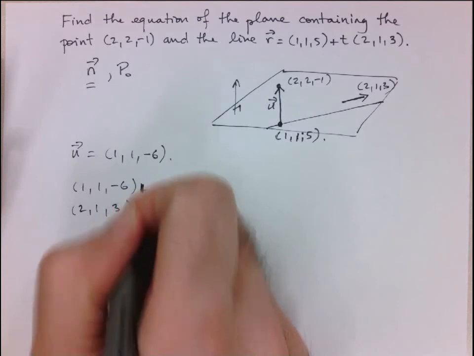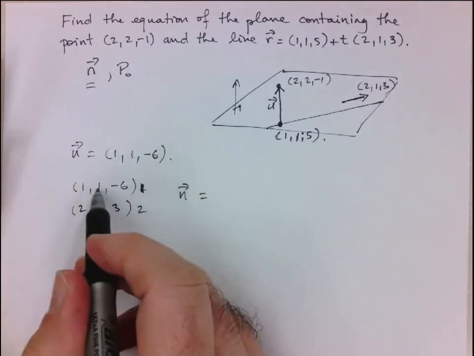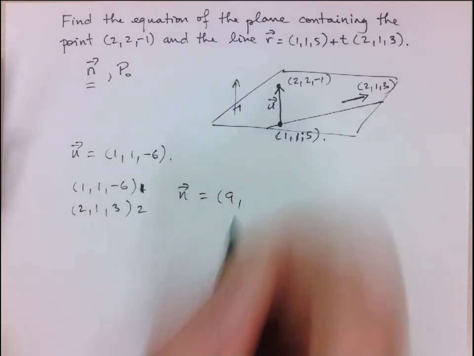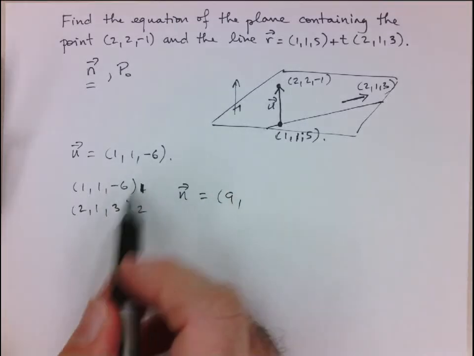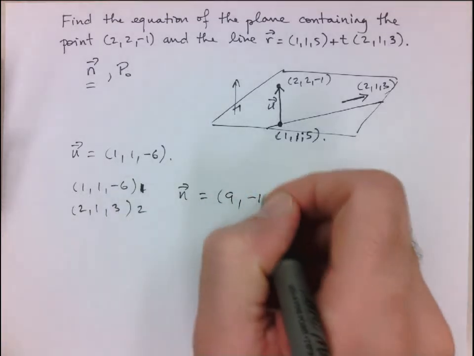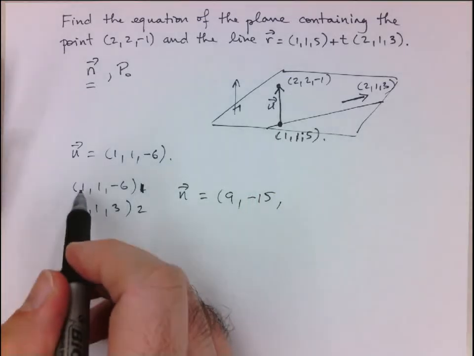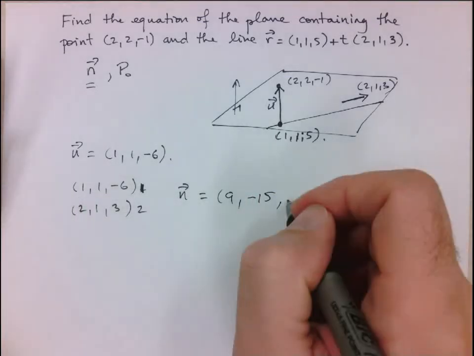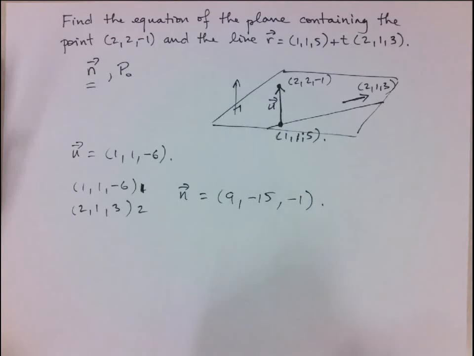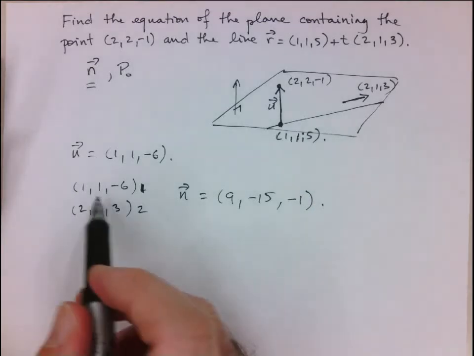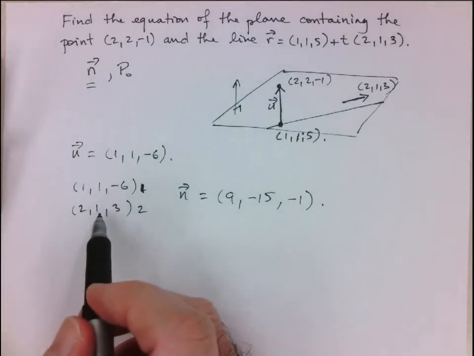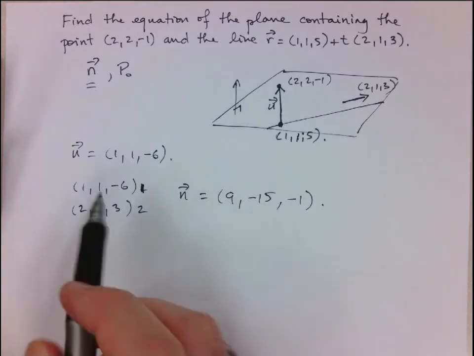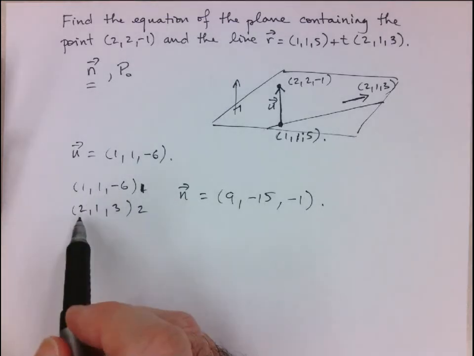So we have 3 plus 6, so we got 9. Here we've got negative 12 minus 3, negative 15, and then here we have 1 minus 2 is negative 1. Let's just check that again. 3 minus negative 6, so 3 plus 6 is 9. Then negative 12 minus 3, negative 15, and then 1 minus 2 is negative 1.